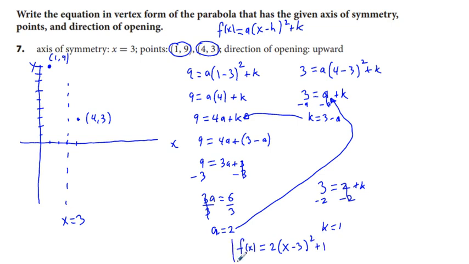So that's going to be our function. Okay, and that means our vertex would be 3, 1, so the vertex will be right here. So our parabola when we graph it is going to look like this.